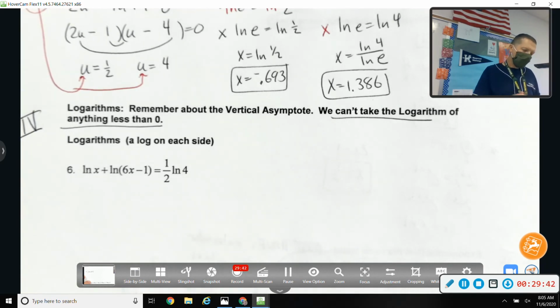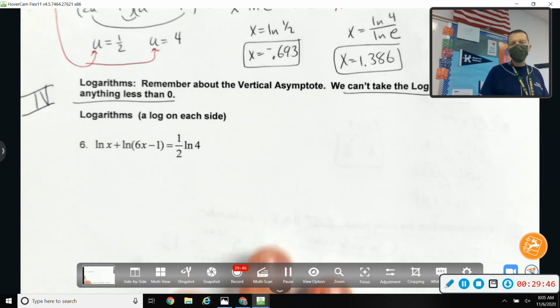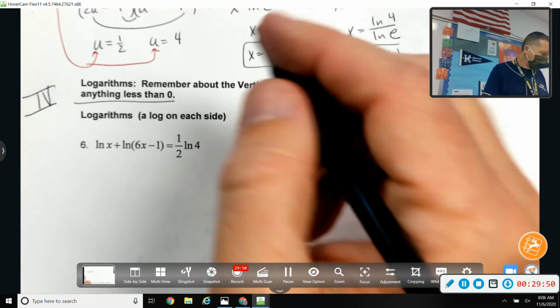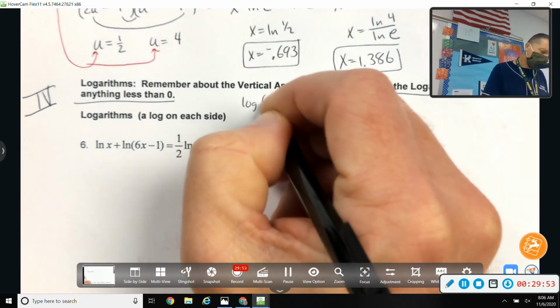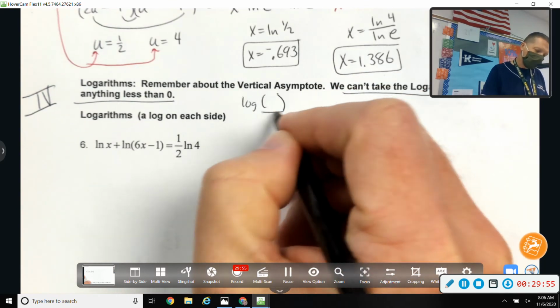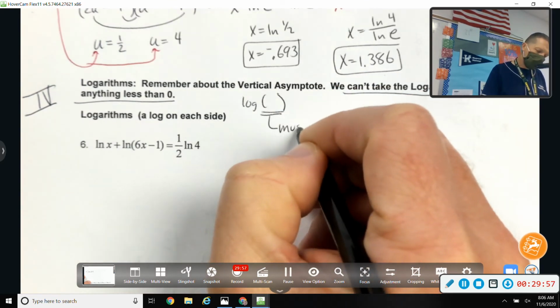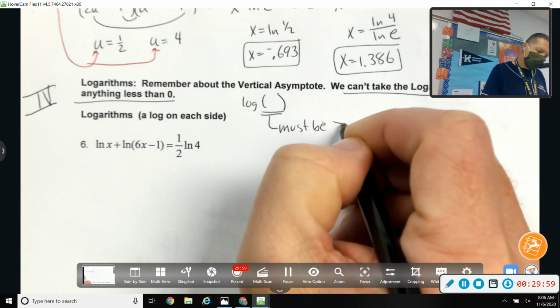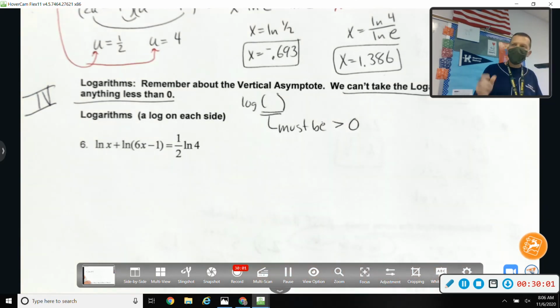Okay, a little bit of background before we finish up with type 4 and 5. Again, these are easy types. But you can't take the log of anything less than 0. Whatever's in the parentheses, whatever you're taking the log of, has to be greater than 0.